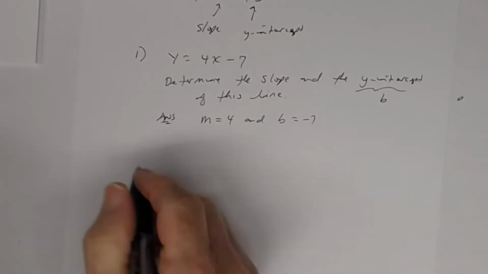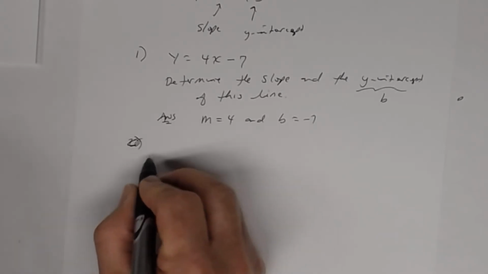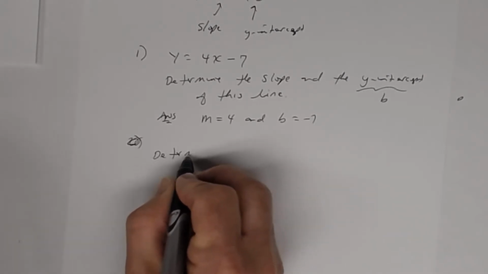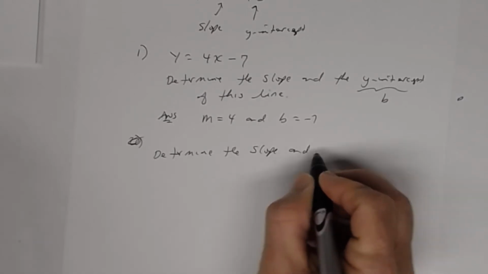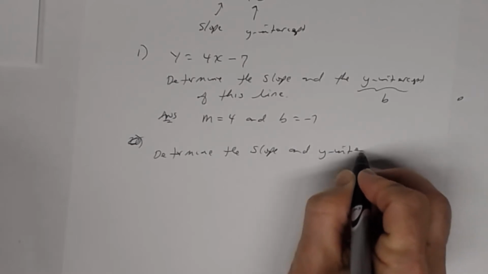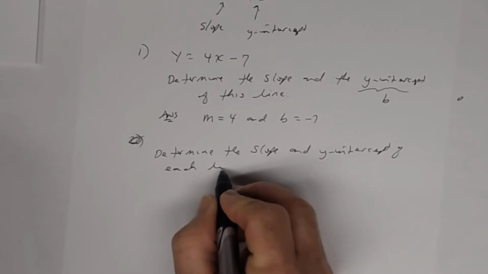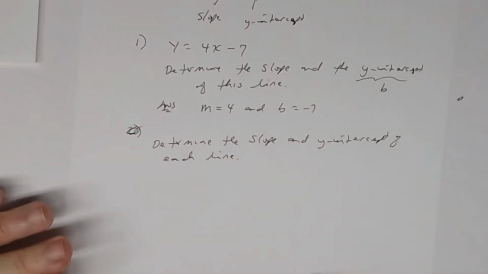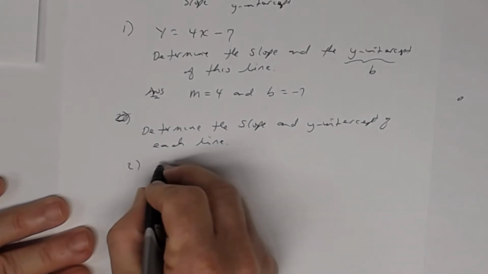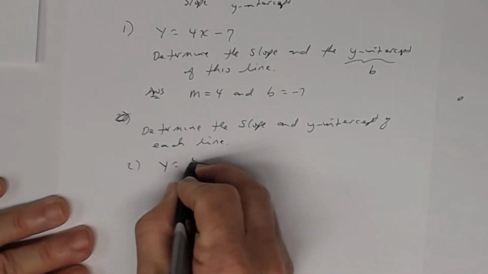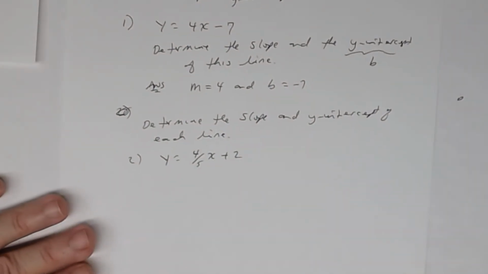Okay, now let's suppose we had number 2. Determine the slope and y-intercept of each line. So here's number 2, let's suppose we had y equals 4/5 x plus 2.